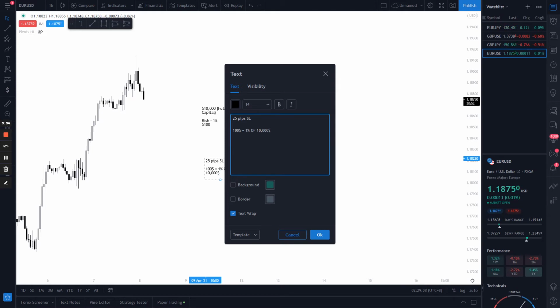So how do we calculate this again? Very simple. You get $100, which is the amount of money that you're risking, and then you divide this by 25. 25 pips, not dollars, because the 25 pips is the stop loss distance from entry to the stop loss itself.